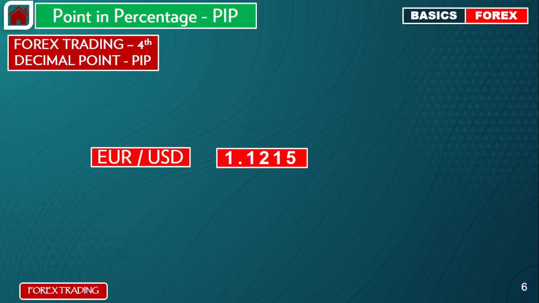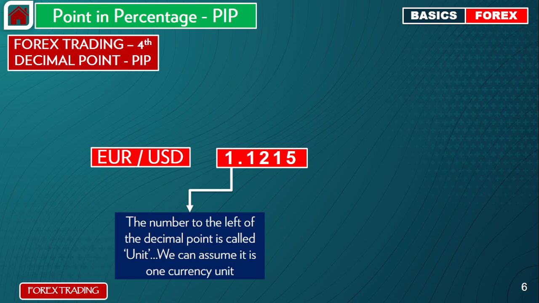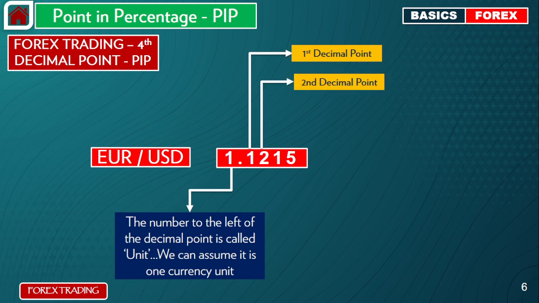Now again let's look at the picture. The EUR/USD pair has an exchange rate of 1.1215. Let's revise the information from the previous slide. The number one to the left of the decimal is the unit, so this is 1 currency unit, and then we have the first, second, third, and fourth decimal places.